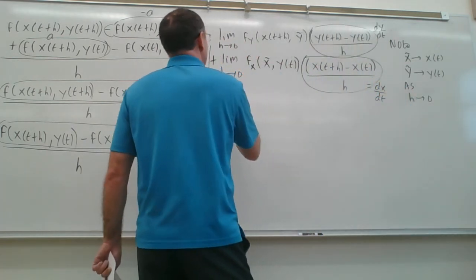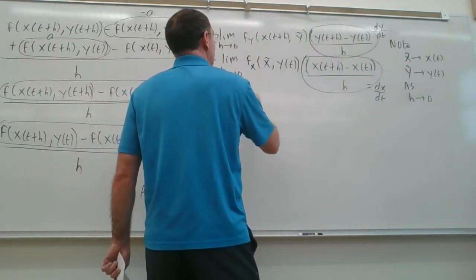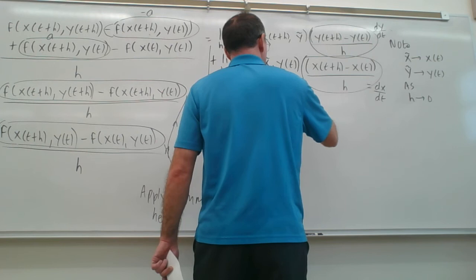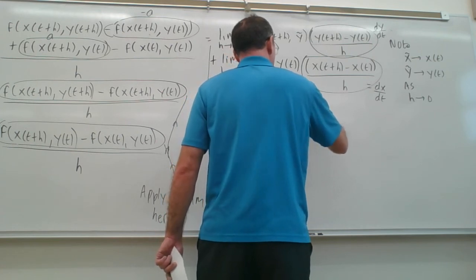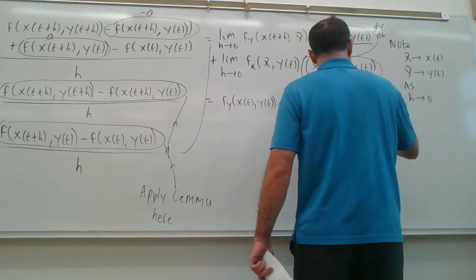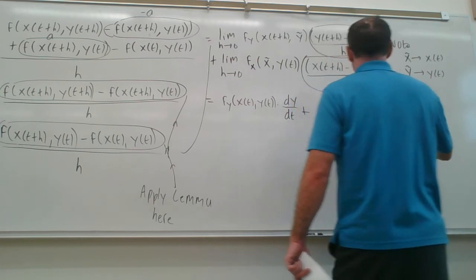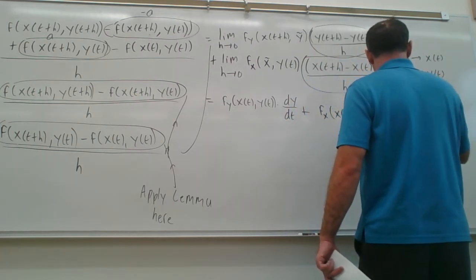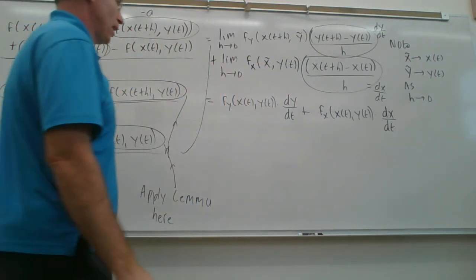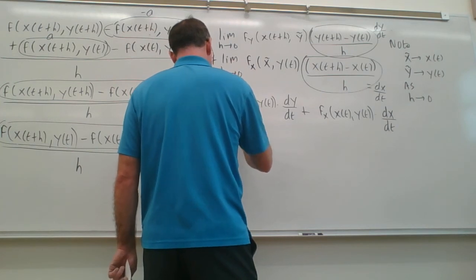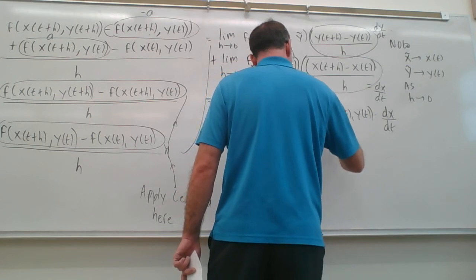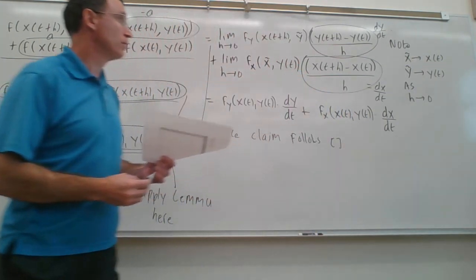So we'll get then, it'll be just f_y(x(t), y(t)) times dy/dt plus the partial derivative with respect to x at (x(t), y(t)) times dx/dt. And that's what we're trying to show. That's the chain rule. So hence, the claim follows. So we're done. Good.